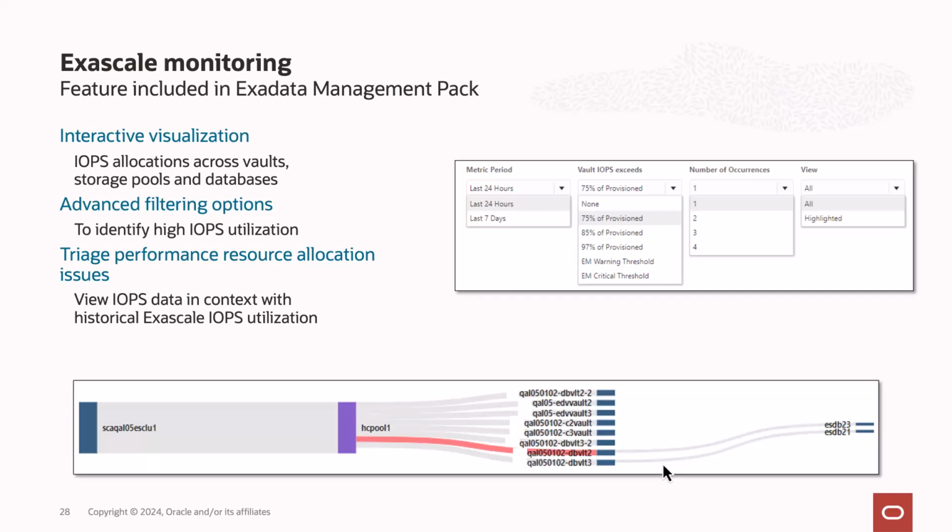When configuring Exascale, pools, vaults, and databases will get a certain amount of IOPS allocated. With this visualization, it is possible to identify high utilization on a pool or a vault. Just set the limit, like 75% of provisioned IOPS, and it will highlight the affected pools, vaults, and their databases. This will help with triaging performance and resource allocation issues on Exascale.